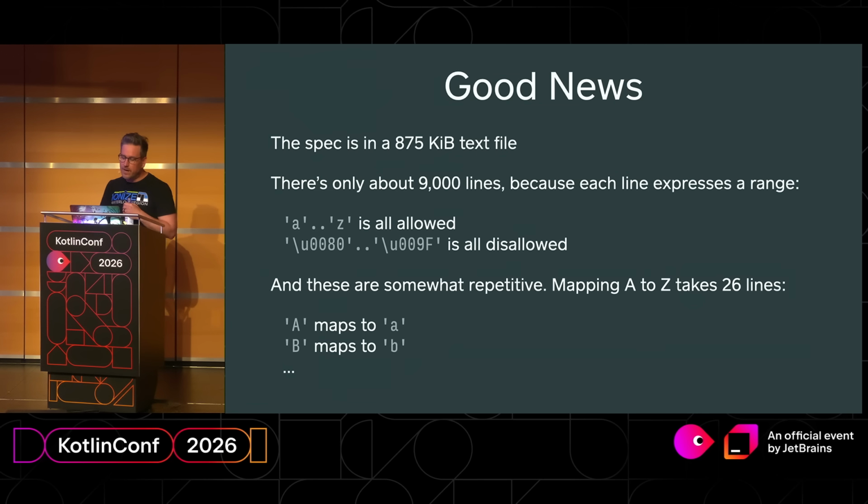And so we take that 1.1 million file. It's an 875 kilobyte text file, but there's only 9,000 entries in it because many of the code points are just grouped into ranges. And so it'll say A to Z, all of the lowercase ASCII characters are allowed. And so that's 26 characters in one row. How cool is that?